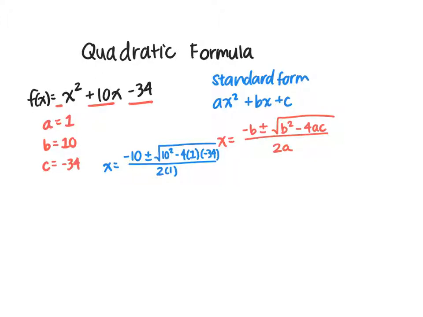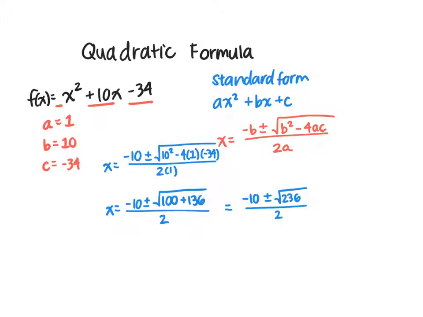Okay, we know 10 squared is 100, so x equals negative 10 plus or minus the square root of 100. Negative 4 times negative 34 is positive 136. Okay, and then all over 2a. Again, we're simplifying what's in the radical first, so that equals negative 10 plus or minus the square root of 236 all over 2.